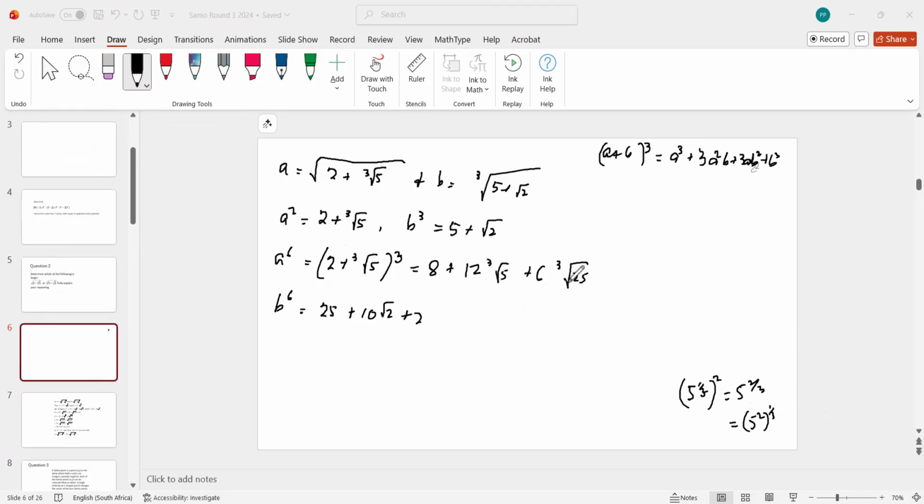See, that's the cube root of 25 here. And then there's still one more term, and that is the cube root of 5 cubed. That's just 5. And that works out to 13 plus 12 times cube root of 5, plus 6 times cube root of 25.